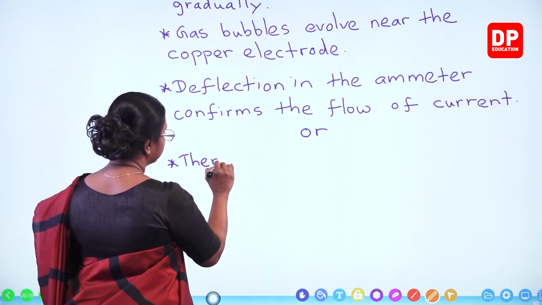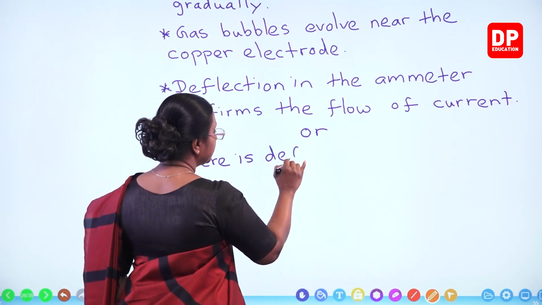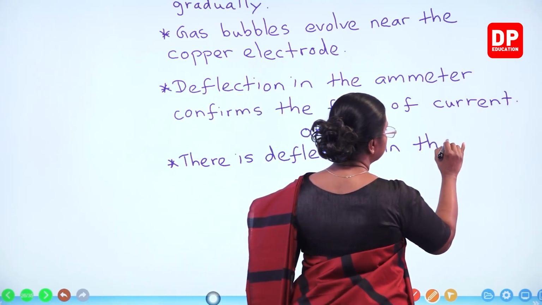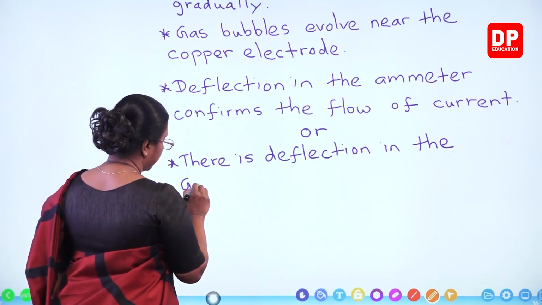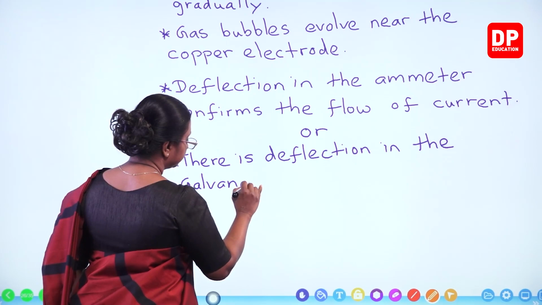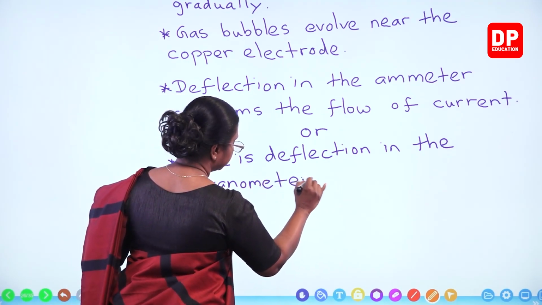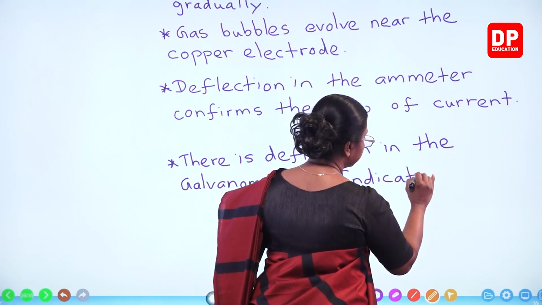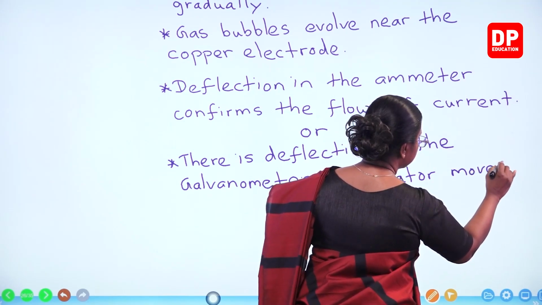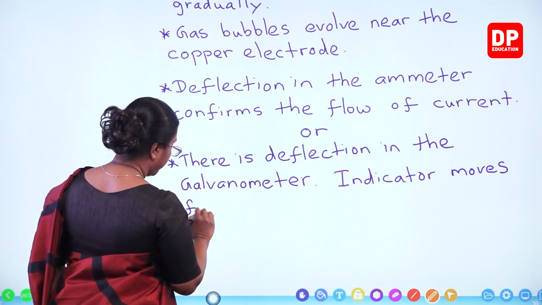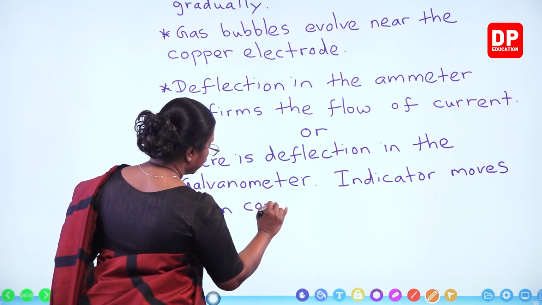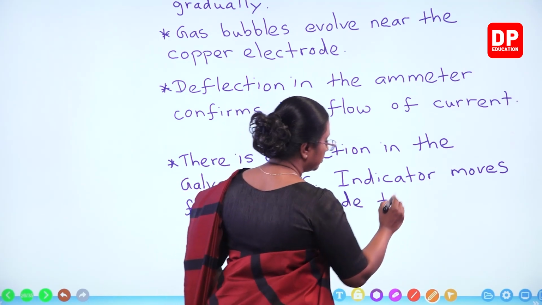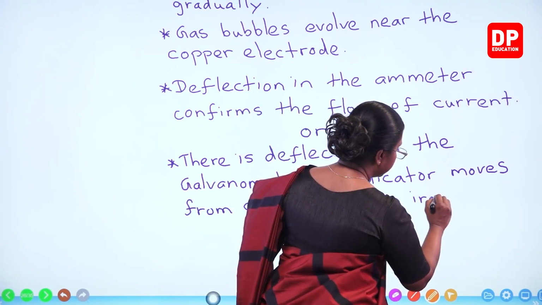There is deflection in the galvanometer. Indicator moves from copper side to iron side.